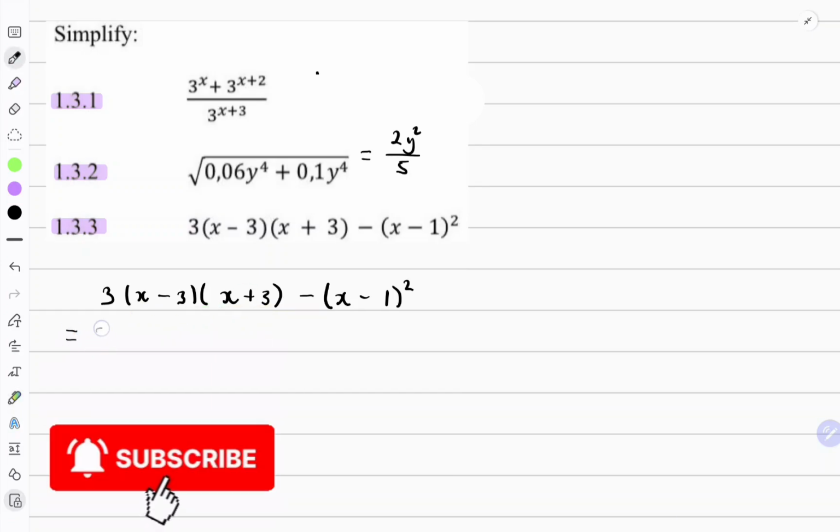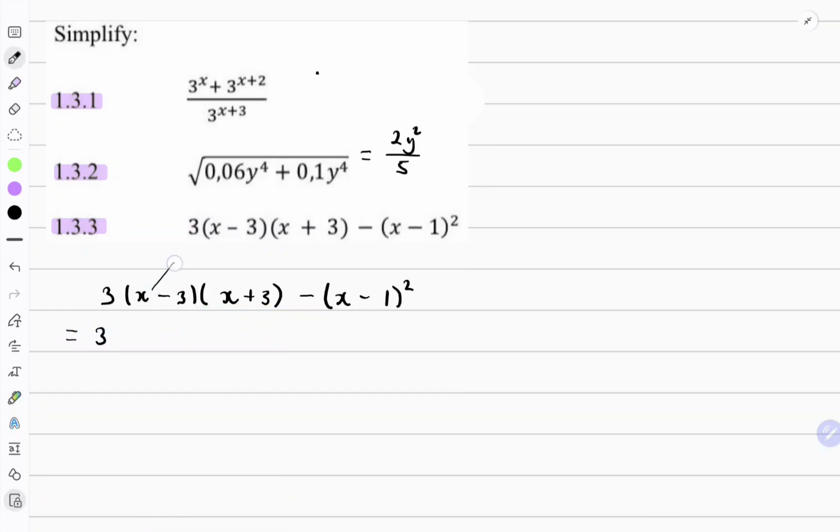So this is equal to 3 times x times x is x squared, and x times positive 3 is 3x, and then minus 3x, and negative 3 times 3 is negative 9. Or if you want, you can also use difference of two squares to simplify that.